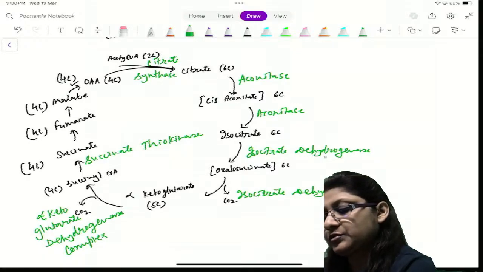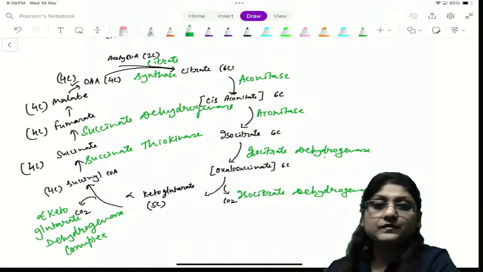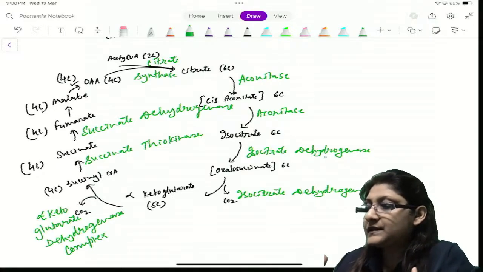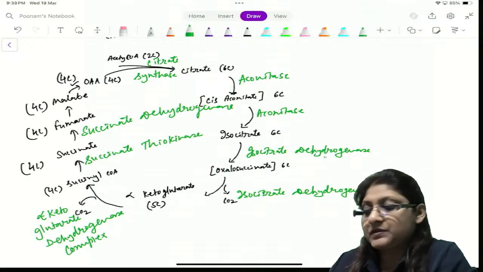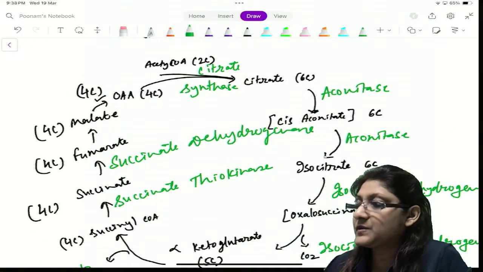And this enzyme is going to be succinate dehydrogenase. There are many enzymes. Initially, it will probably be difficult for you to understand and learn these enzymes, but slowly, when you practice, you will learn all these enzymes properly.